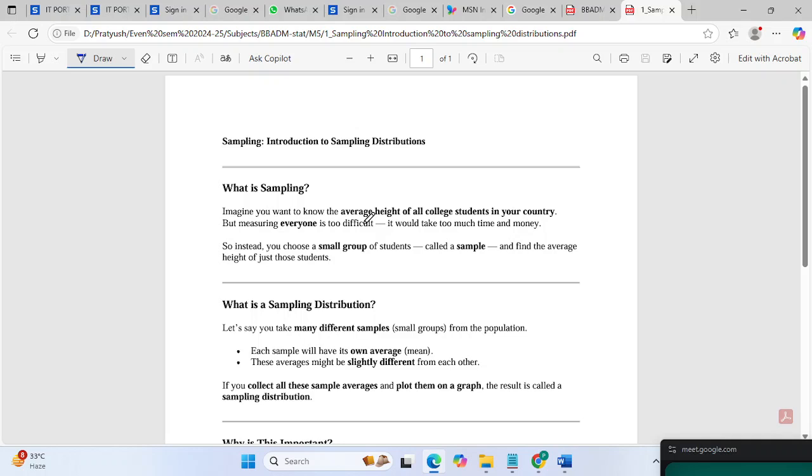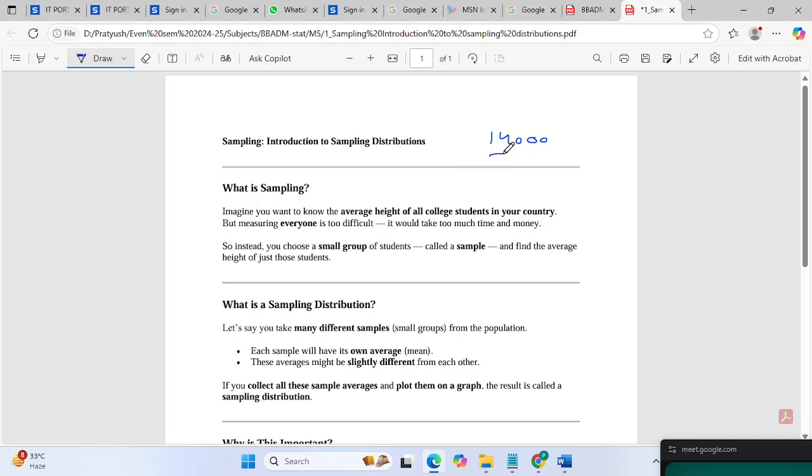If you have to do it, one way is to find out the height of all the students. Right now, I think we have around 14,000 students in UG, and there are many more students in PG and PhD as well.